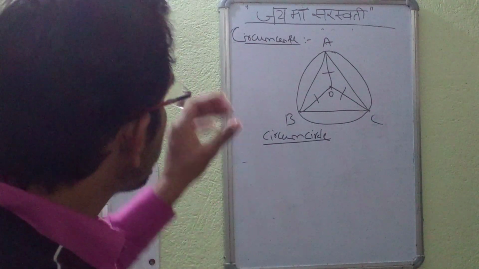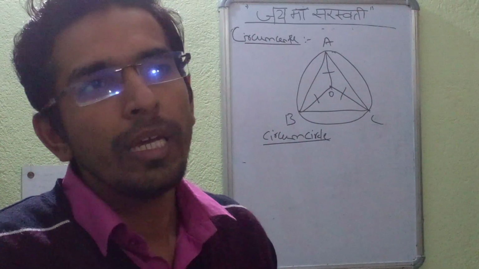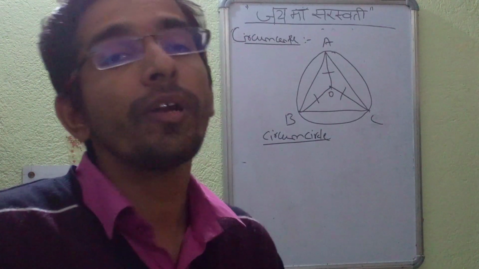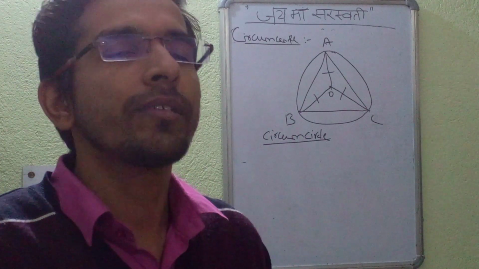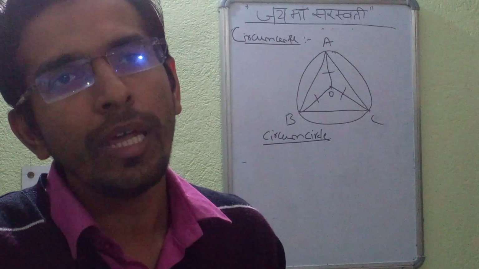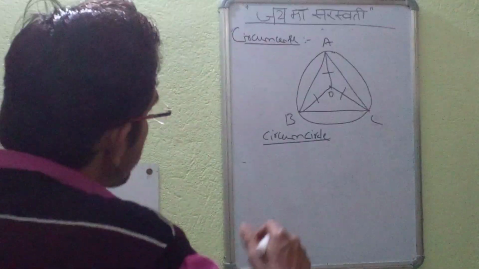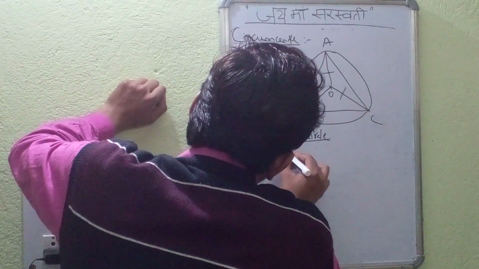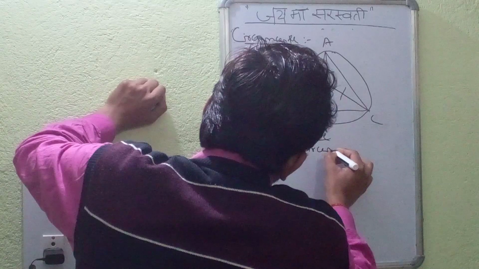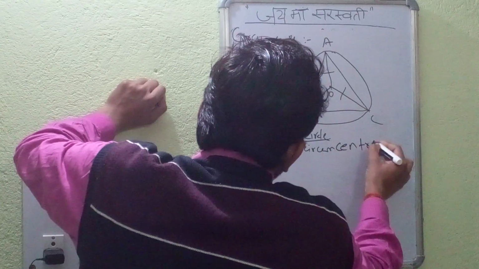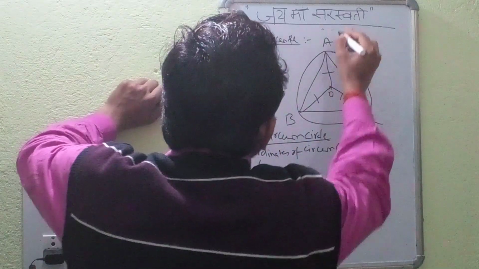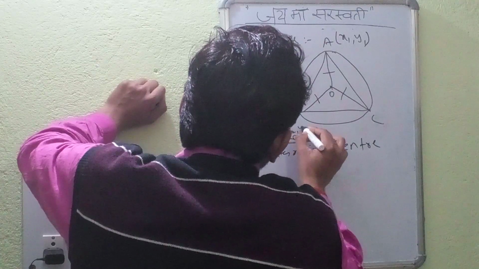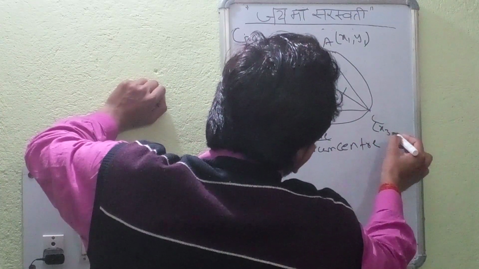When we are moving this topic to the coordinate geometry section, we are also using the same property only, but we will be using a different type of formula for calculating the coordinates of the circumcenter and the circumradius. Suppose A is given as (x1, y1), B as (x2, y2) and C as (x3, y3).